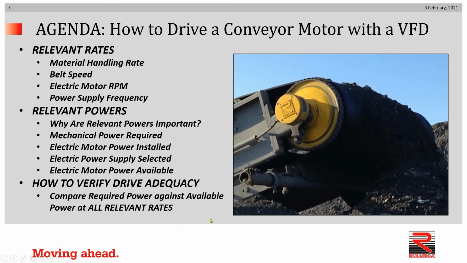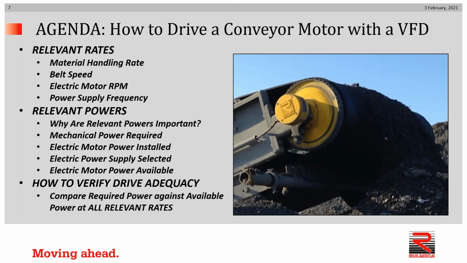This tutorial will unwrap that topic and explain such things as relevant rates, relevant powers, and of course conclude with the technique on how to verify drive adequacy. Relevant rates are material handling rate, belt speed, electric motor RPM, and power supply frequency.